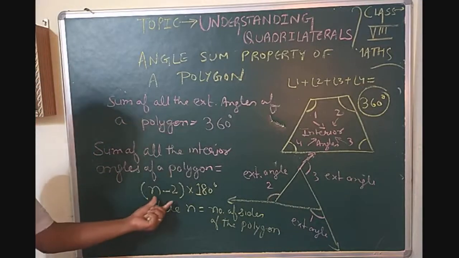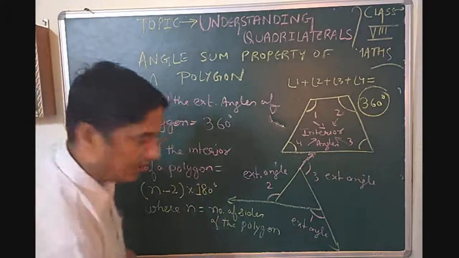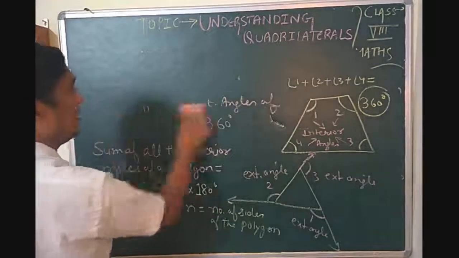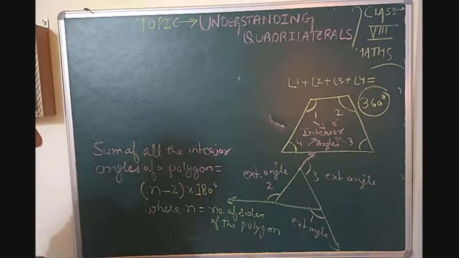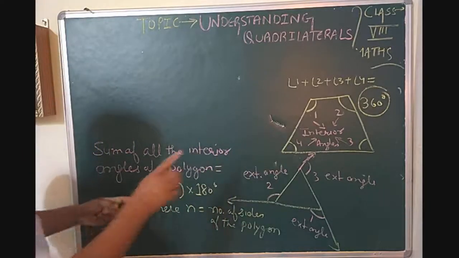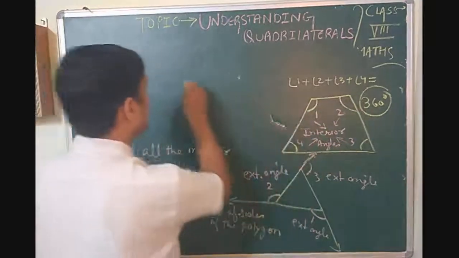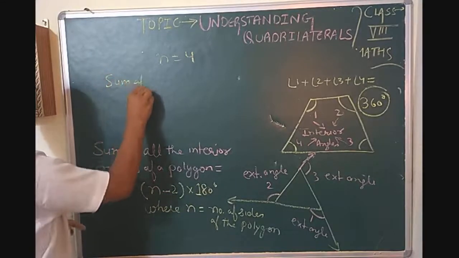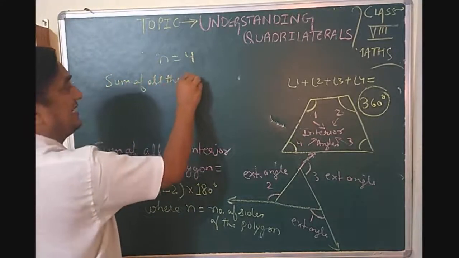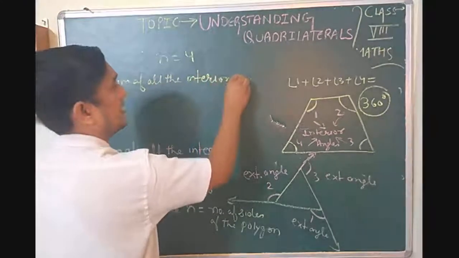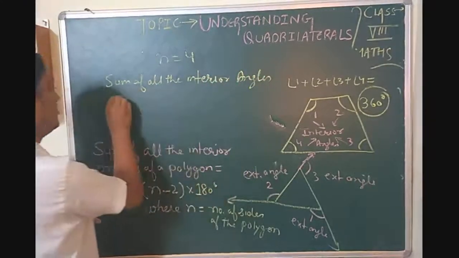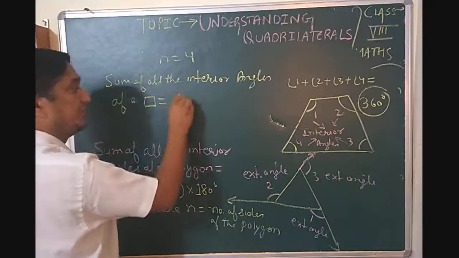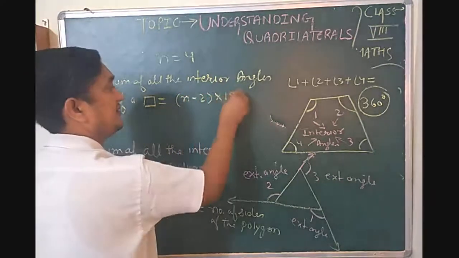Now we can check whether this formula is correct or not. Now I am going to erase this one. See how we can check whether this formula is applicable here or not. Now look here, number of sides 1, 2, 3, 4, n is 4. So the sum of all the interior angles of a quadrilateral is equal to n minus 2 into 180 degrees.